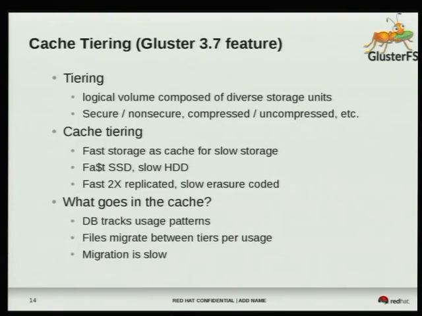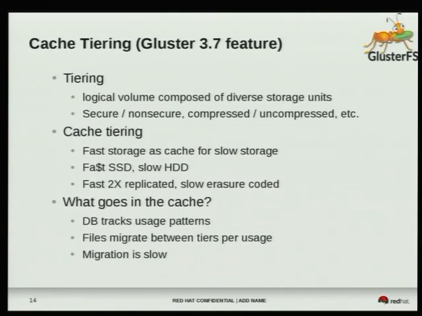It's going to add tiering capabilities to Gluster. And when I say tiering, what I'm basically talking about is a logical volume or logical namespace exposed as one namespace, but internally has possibly multiple different storage units behind it. And data is moving between those storage units according to different policies.